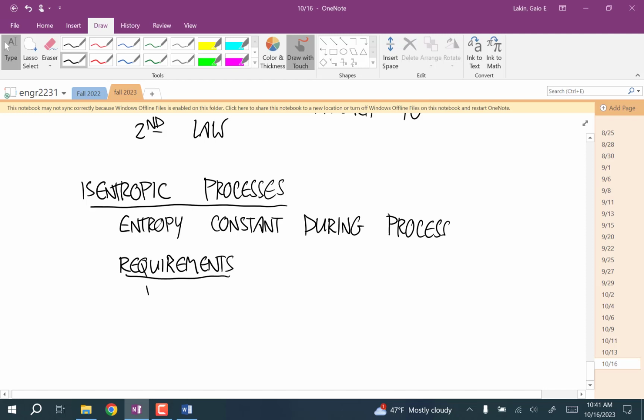First, there's no heat transfer to or from the surroundings.